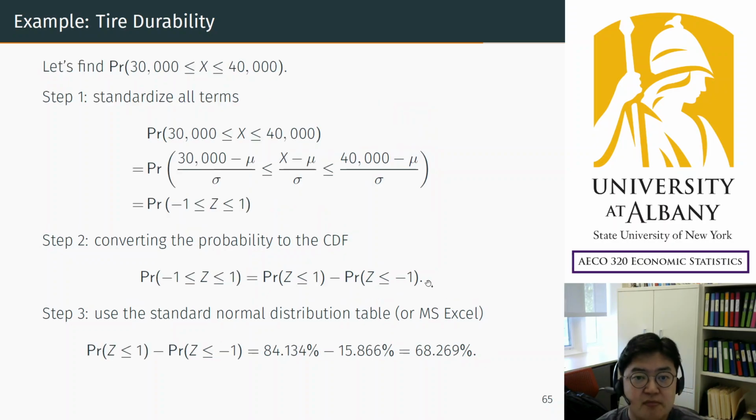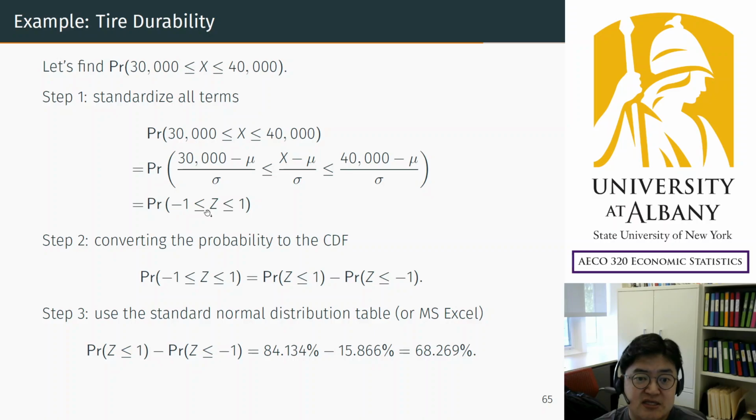Okay, then the next form of probability we are going to practice is on an interval. What is the probability between 30,000 and 40,000? Okay. The idea is the same. First standardize, then you get a probability in terms of the standard normal distribution. That is nice.